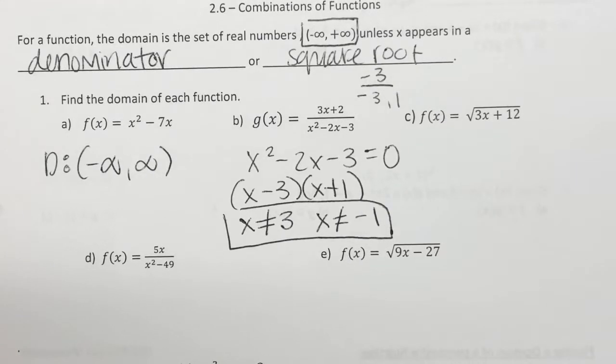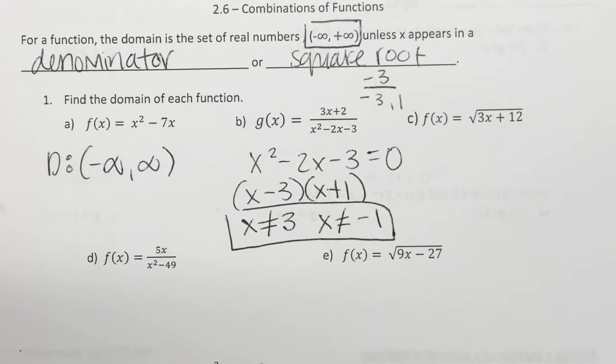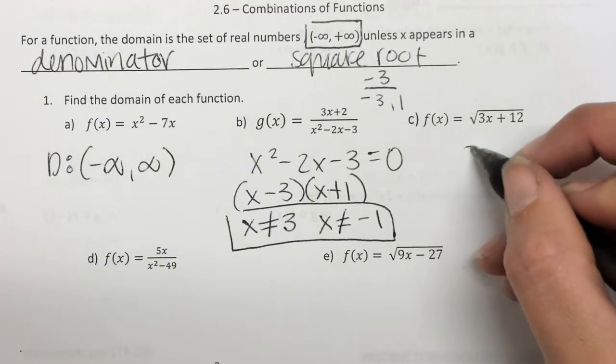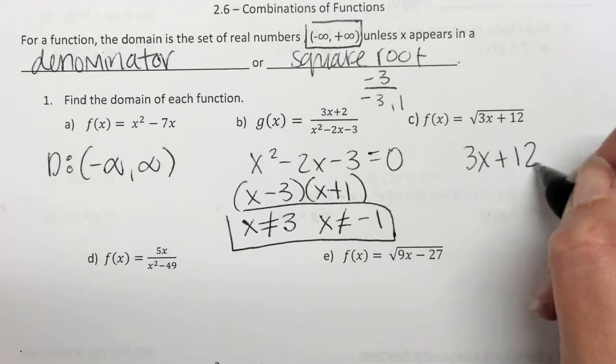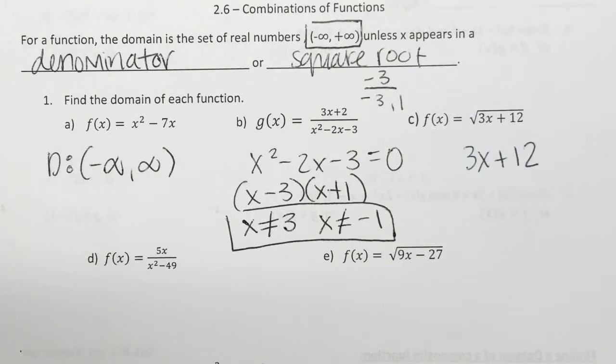Alright, for the next one, we need to figure out what we can plug into x to make a what underneath the radical. No. 0. No, we can take the square root of 0. Negative. It can't be negative, right? So how could we set up this equation 3x plus 12 to solve for x to not make it negative under the square root?